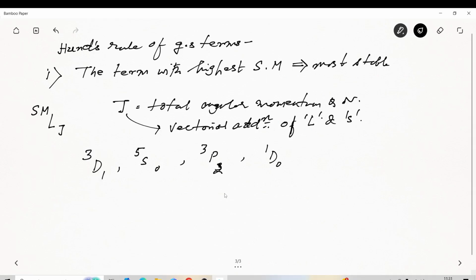The ground state term, that means the term with the lowest energy, will be this one, since it has the highest spin multiplicity. Now, this is the first rule.